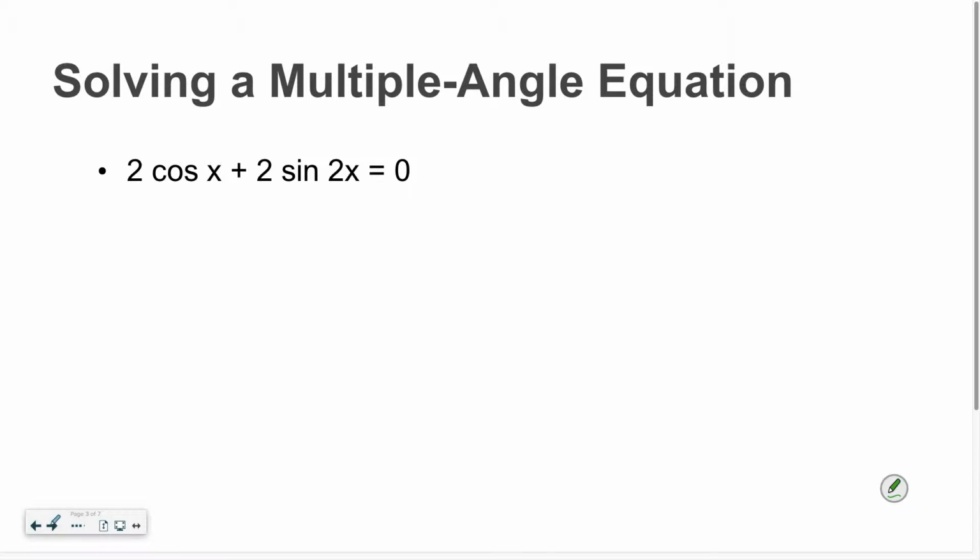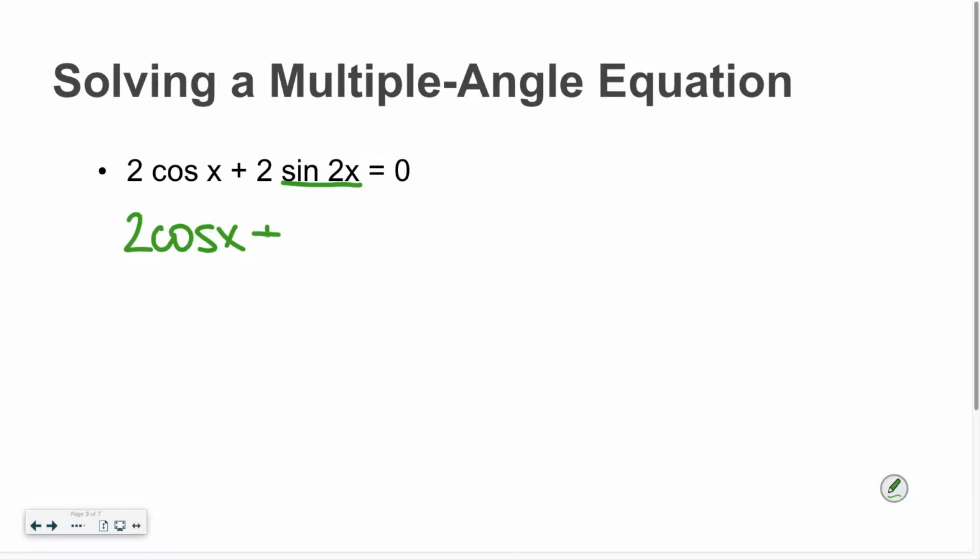So what we can do is we can apply our double angle formula to this guy so that we have the same angle throughout our entire problem, okay? It is almost impossible to do this with different angles inside of our trig functions.